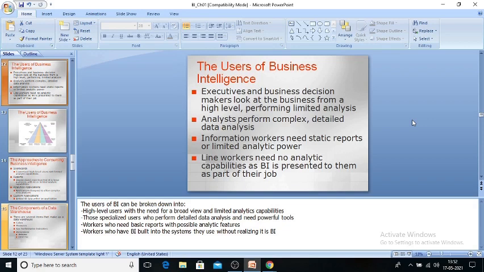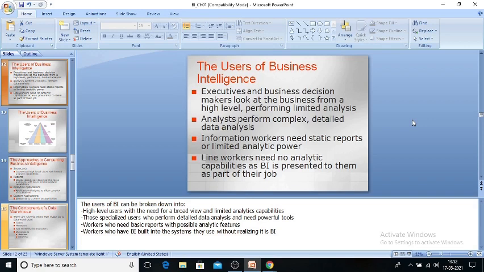They need statistic reports or limited analytical power. They are called middle management or below that. And another one is line workers, who need no analytics.